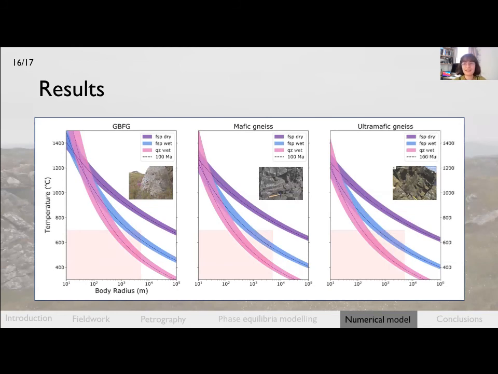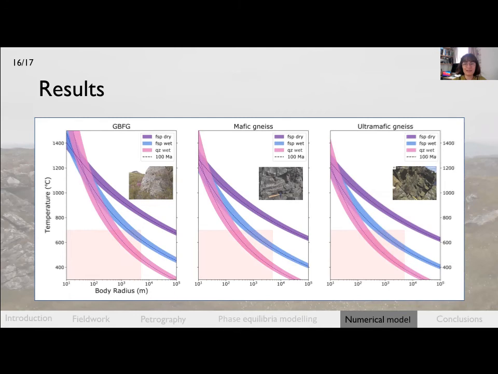As such, we can see that sagduction is not particularly feasible in the Lewisian unless the lower crust is water saturated, i.e. represented by a wet flow law. And even here, there is a pretty narrow window in terms of temperature and body radius that would represent conditions seen in the Lewisian.